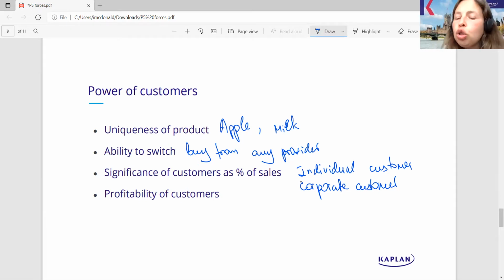And focusing on those corporate customers a little bit more, we need to think about how profitable our corporate customers are. Because if our corporate customers are struggling to make ends meet, we may not be able to charge them that much. So a good example we need to consider here is the manufacturers of airplanes and the airlines. So the airline is our customer.